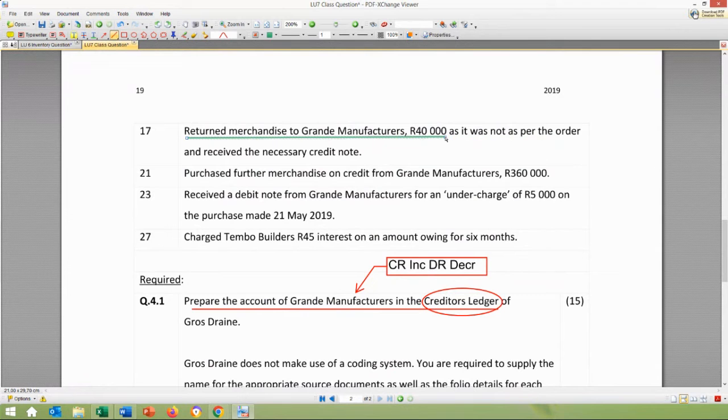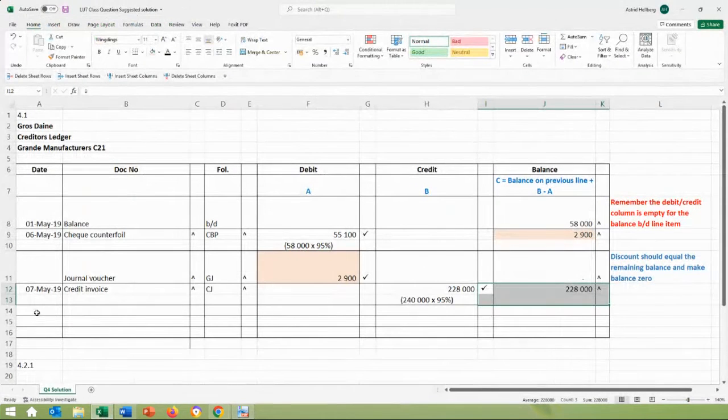So when we return something, our balance will increase. So we are going to debit it. So when we return something, what type of document do you think our creditor would provide to us? If you return goods to your creditors, what type of document do you think we would expect to receive?